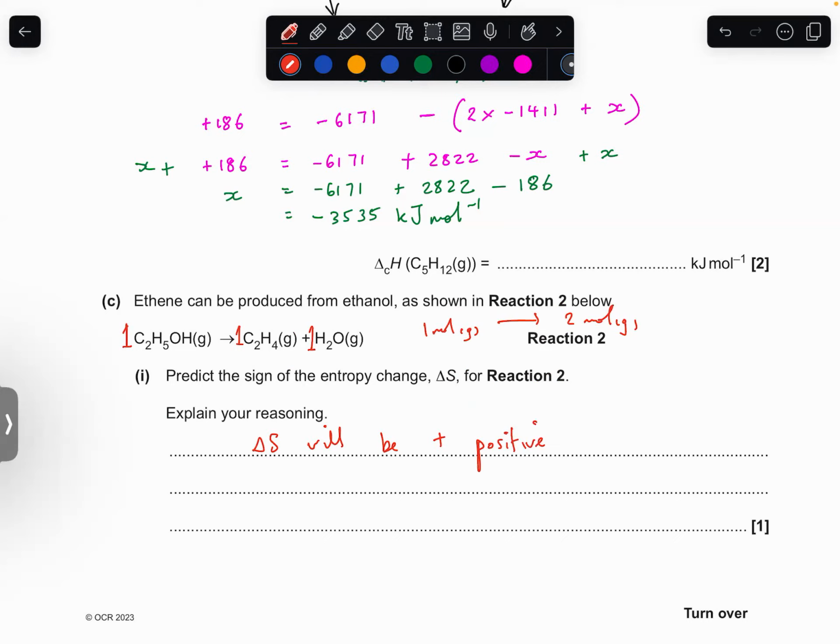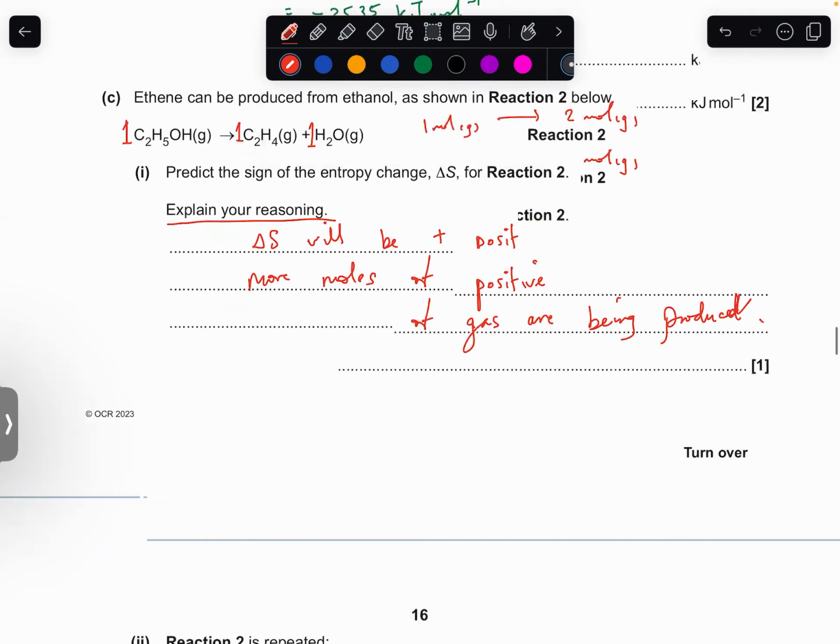Because more moles of gas are being produced. You must include both points, that it will be positive, and it says explain your reasoning. Give a reason why that is. Okay.